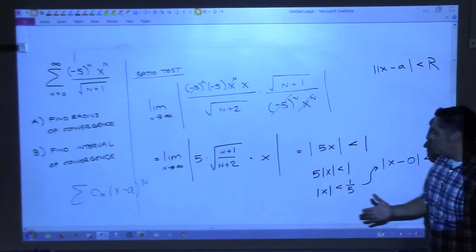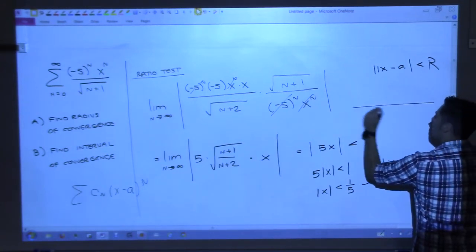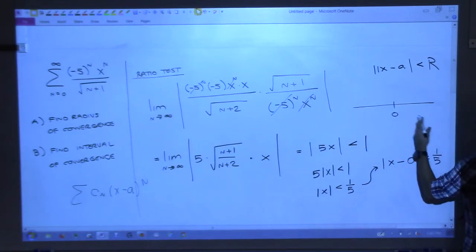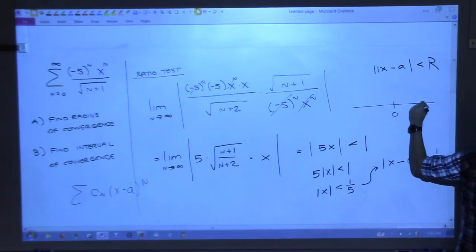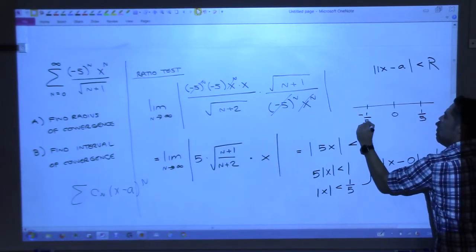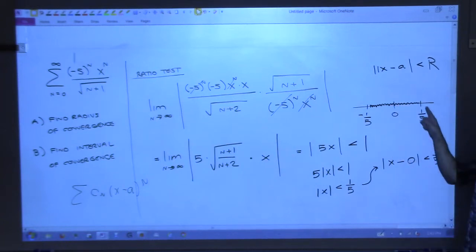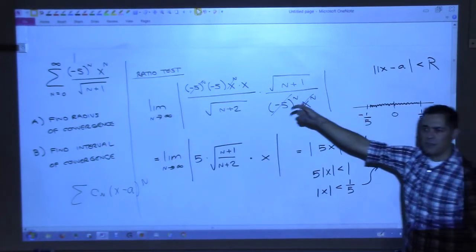Now, what is the radius of convergence of this power series? The number 1/5. If we look at a number line, here's 0. 1/5 means we go to the right 1/5, we go to the left 1/5, and we know that any value of x between here and here is going to make this series converge.